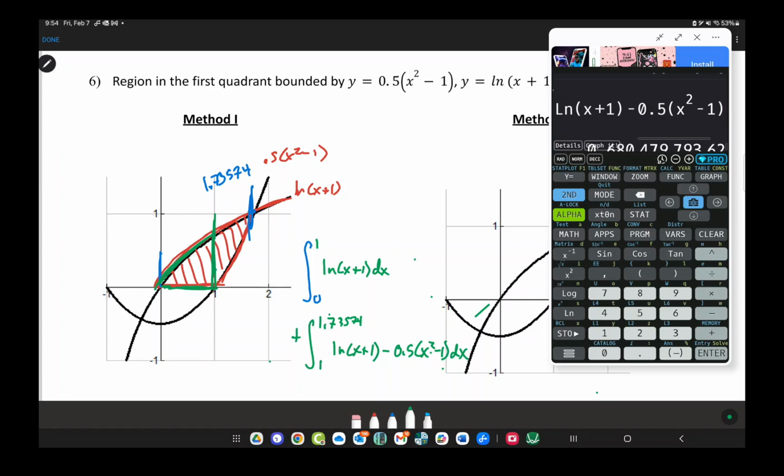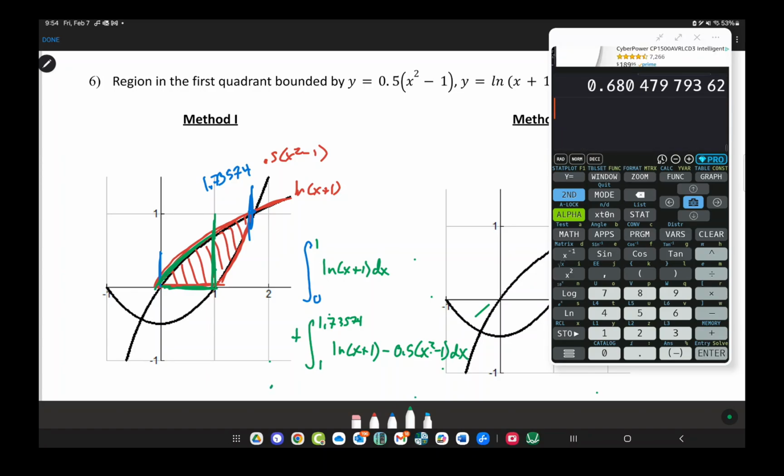Let's see how long this will take. That gives me 0.680. We're just going to put that there, it's fine.